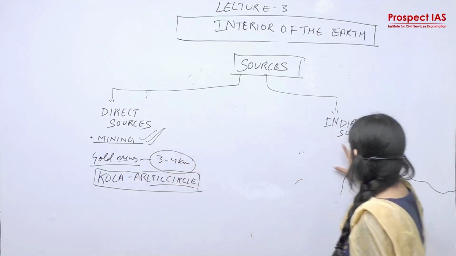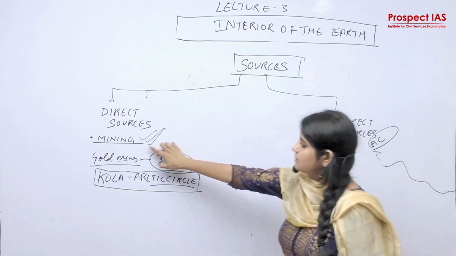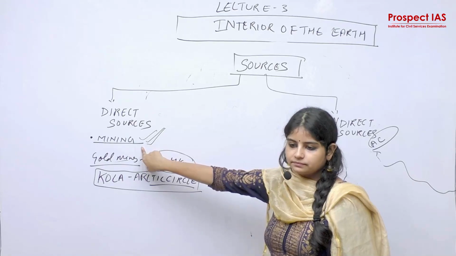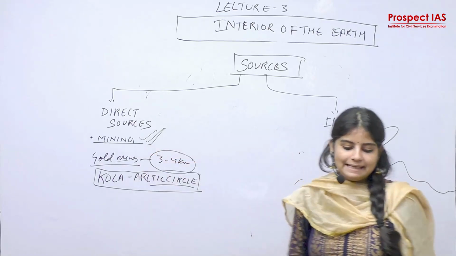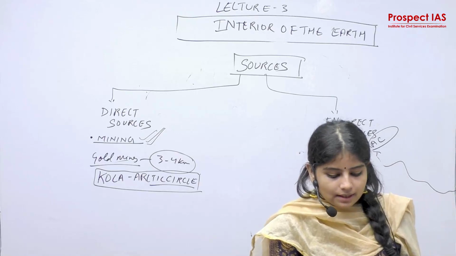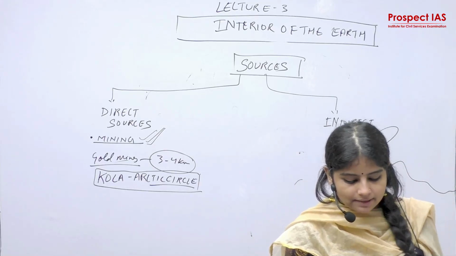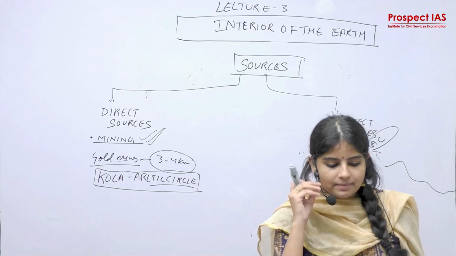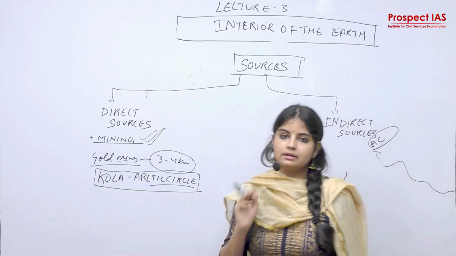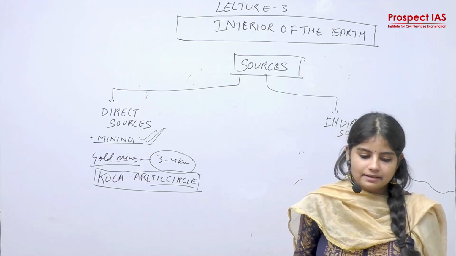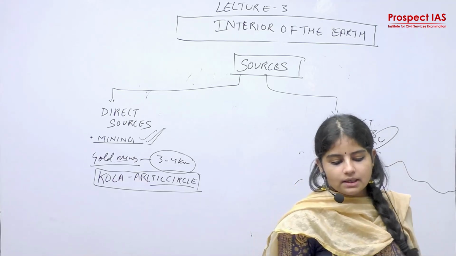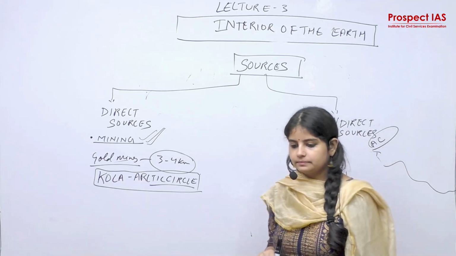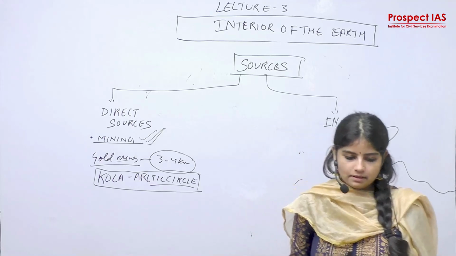First you can make this flow chart. The first source is mining. Mining is an easy and basic source which are clearly being extracted from the earth's surface.